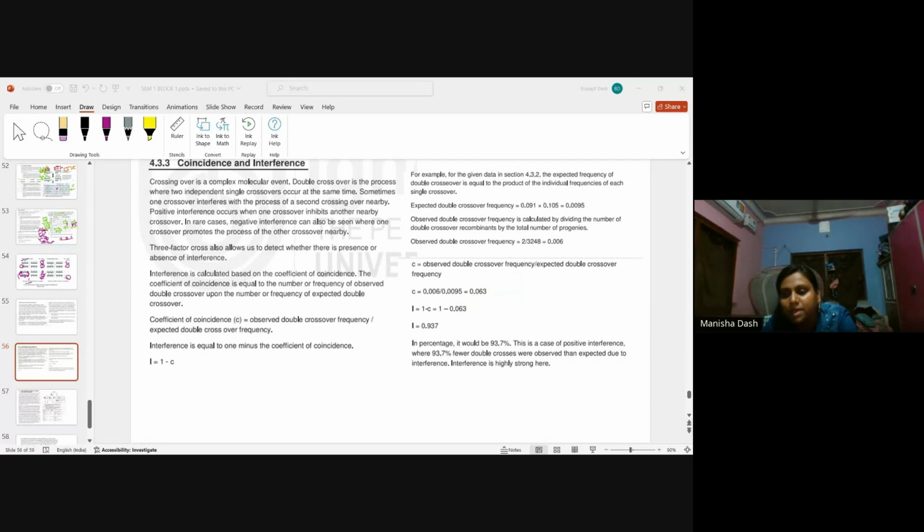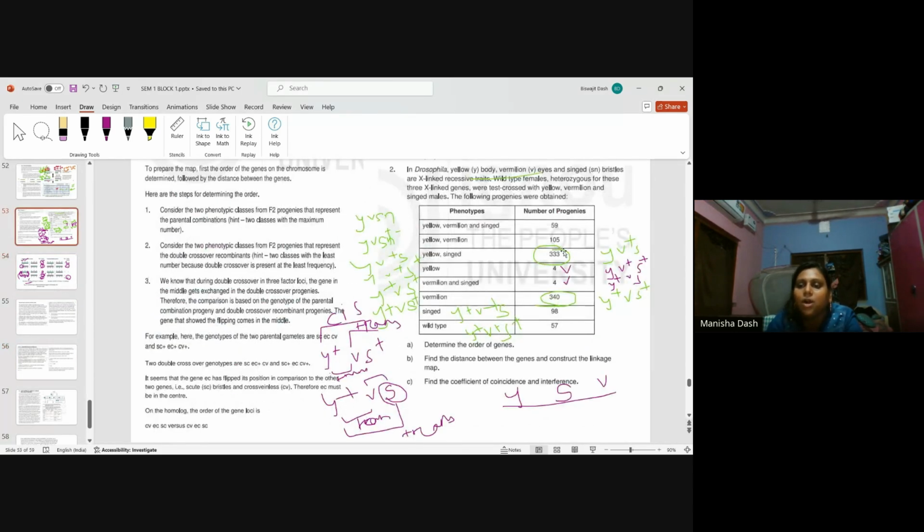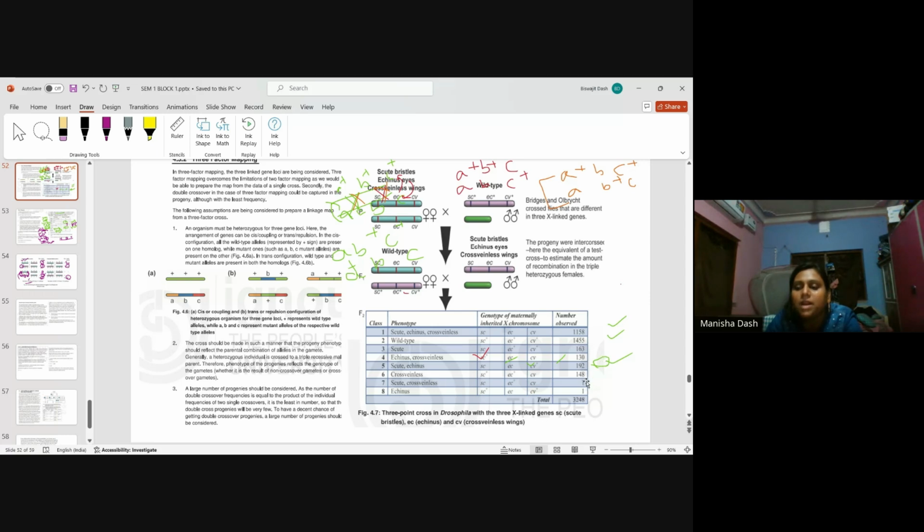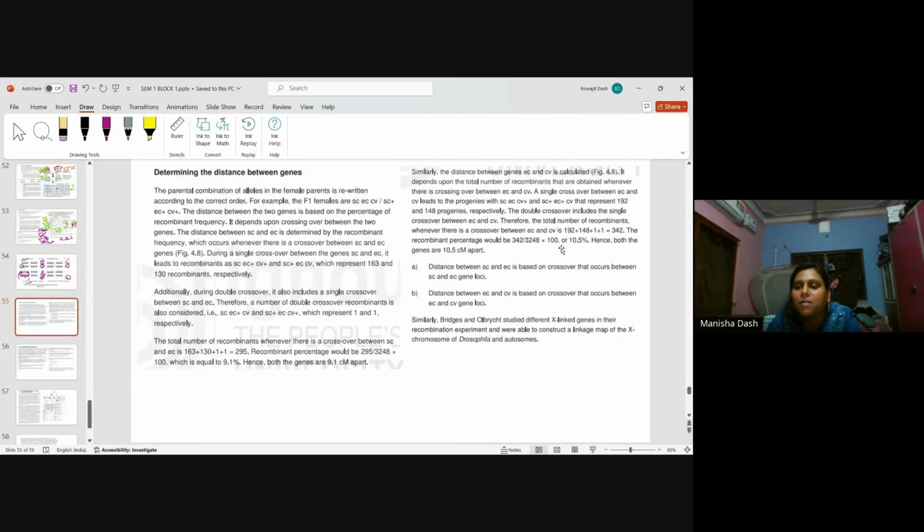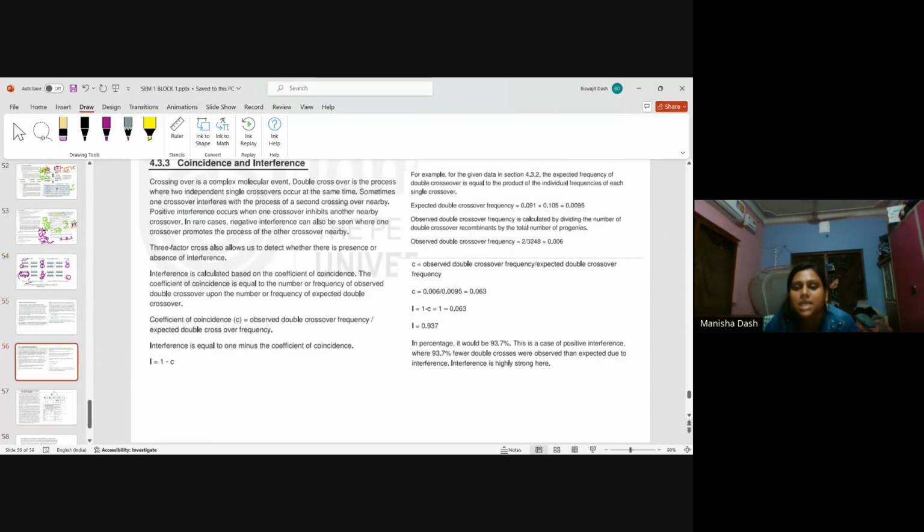So if we go back to the same problem, here the observed number of double recombinants is how much? 2. Only 2 recombinants are observed, 1 and 1. But what is the expected number of double recombinants actually in this case? The expected number of double recombinants is actually you have to multiply both the recombination frequencies.